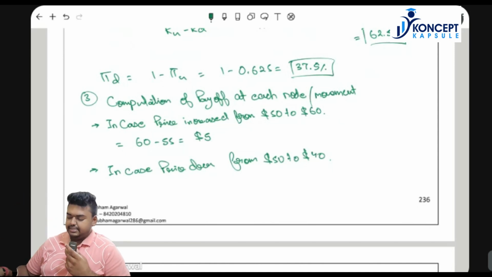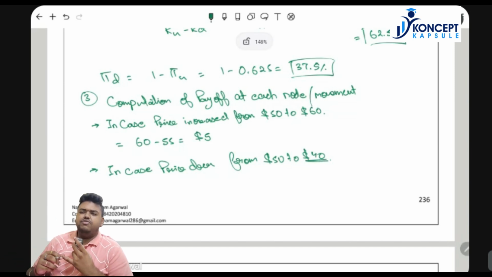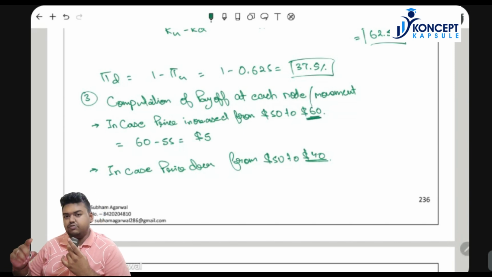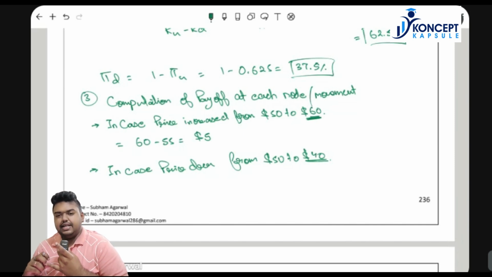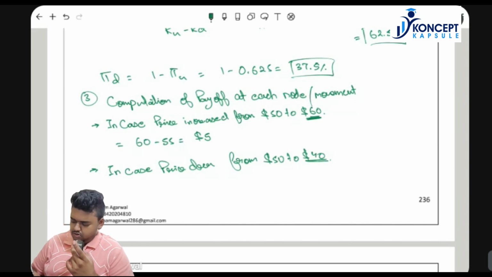If he is getting something at 40 in the open market, will he exercise the right to buy the same thing at 55? No. In the earlier example, he was getting the stock at $60 from the market and had the right to buy it at 55, so he exercised it. When the market price is 40, will he buy at 55? No. So in this case, the payoff will be 0. Guys, yes or no?